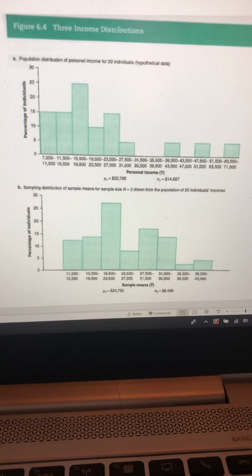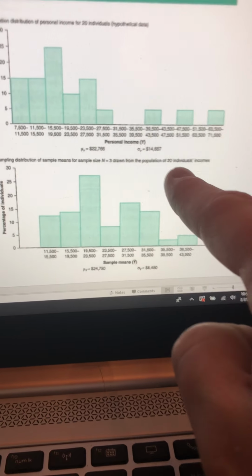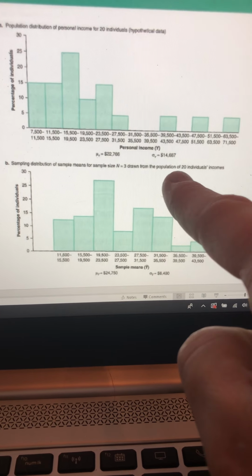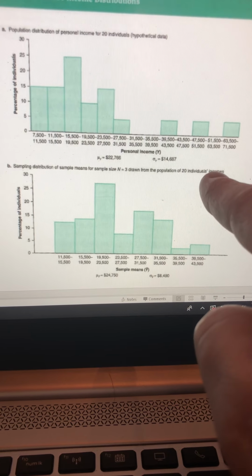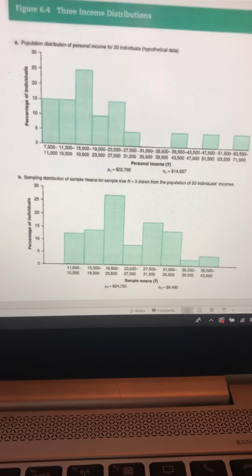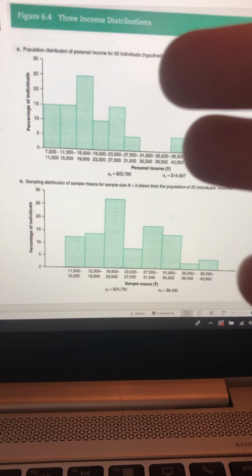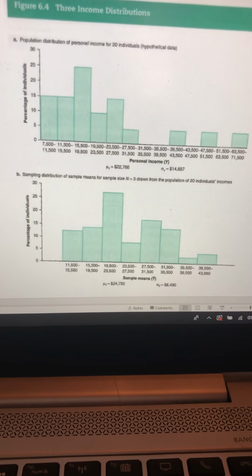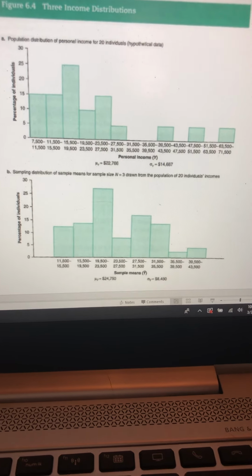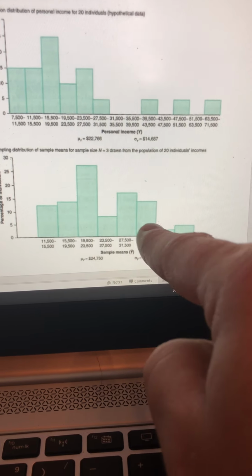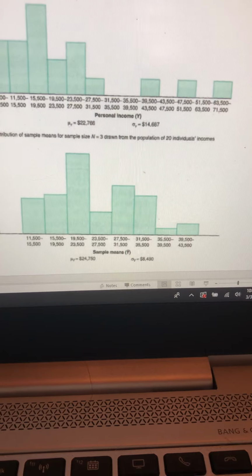But we took a hypothetical example of 20 individuals' income. We took samples of size 3 of this population of 20 individuals' income, and then we plotted these on the distribution.